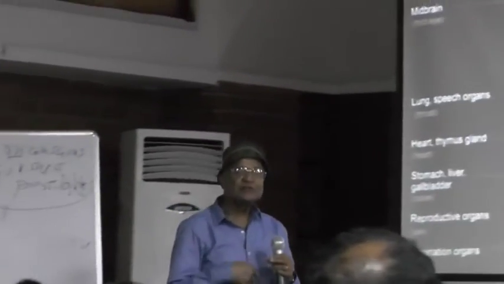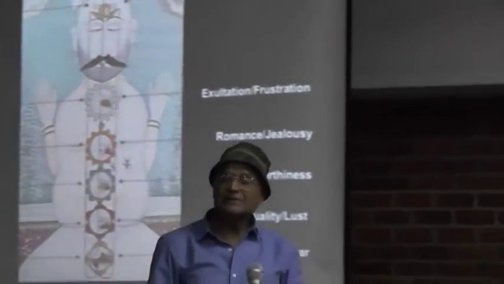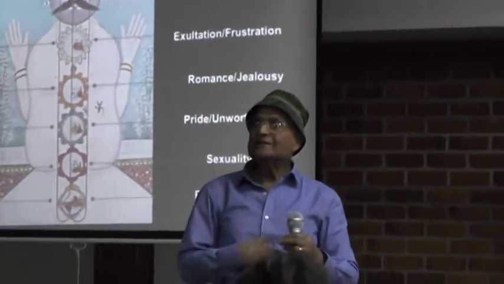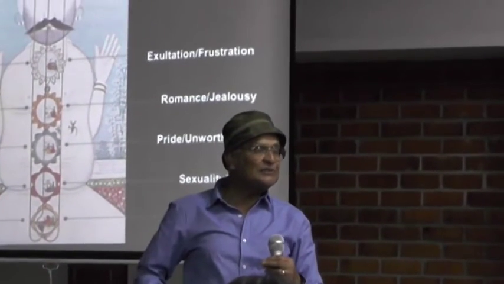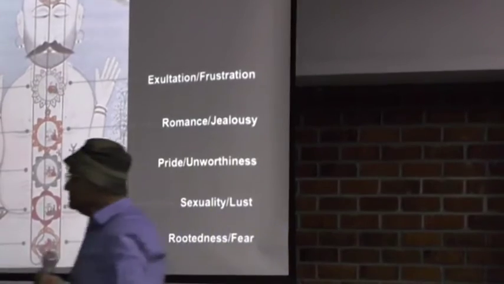takes over the functions of the low chakra organs, like the anus, the sexual organs, and then the organs of sustenance. The brain controls them. What does that mean?